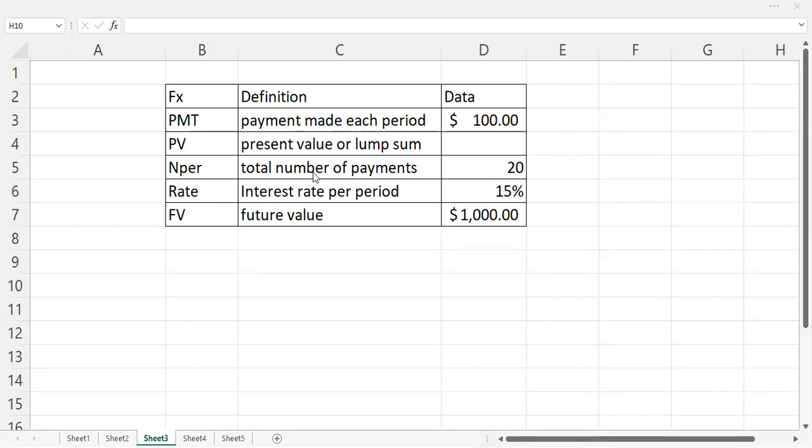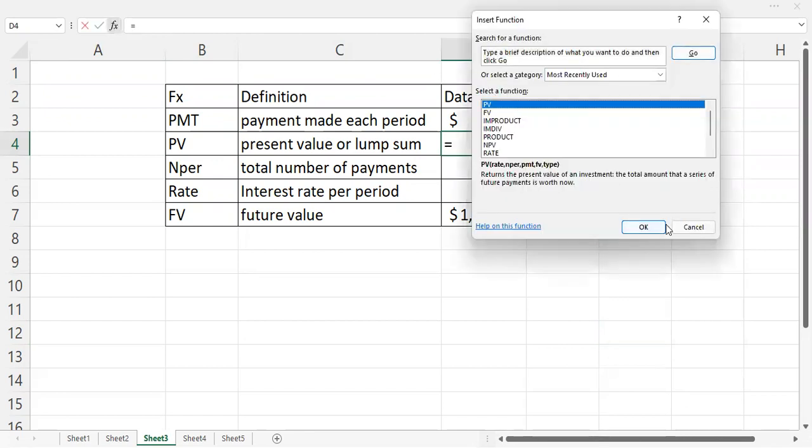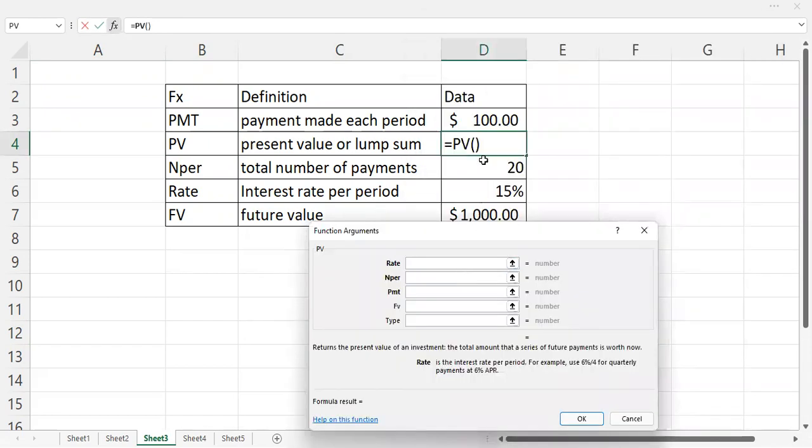On your spreadsheet, you can enter the data as follows. Remember, we're looking for your PV, present value. Using the PV function, let's enter the rate at 15%.